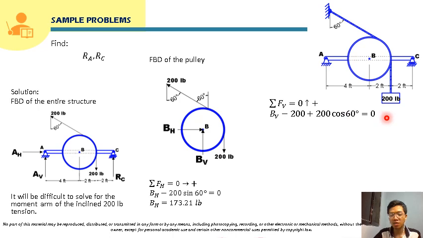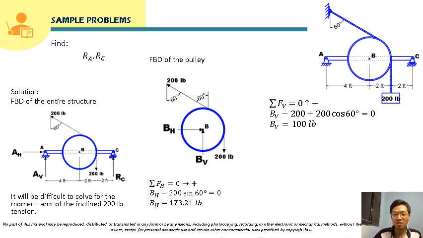This is equal to 0, so we can solve for BV. We just transpose negative 200 plus 200 cosine 60 degrees to the other side, so BV becomes 200 minus 200 cosine 60 degrees. That will be 100 pounds.